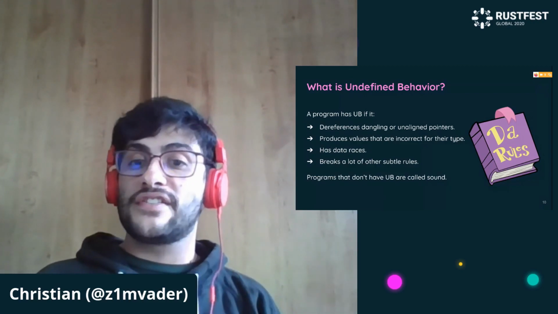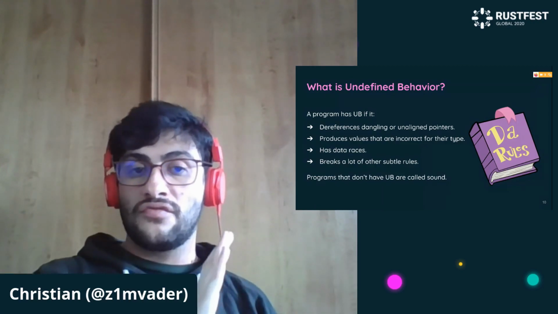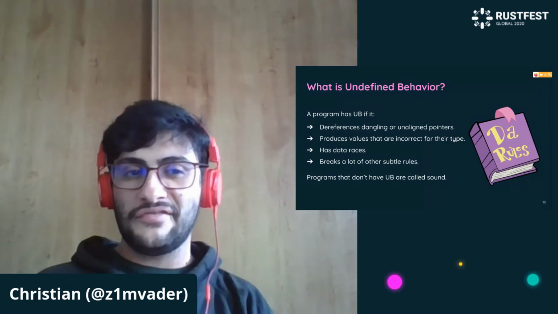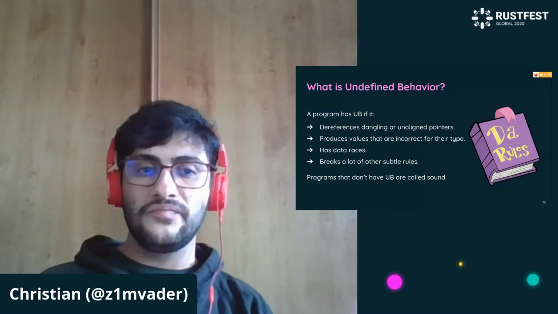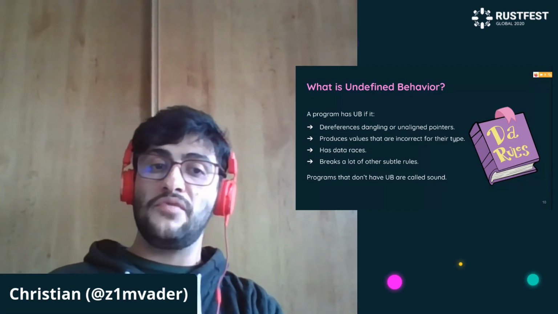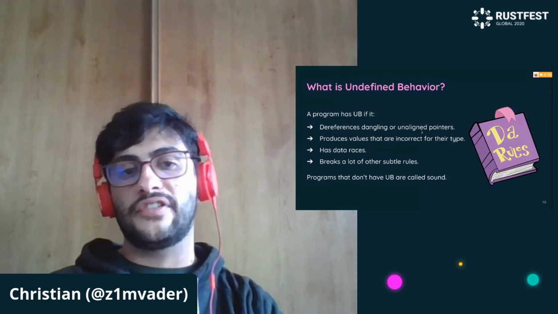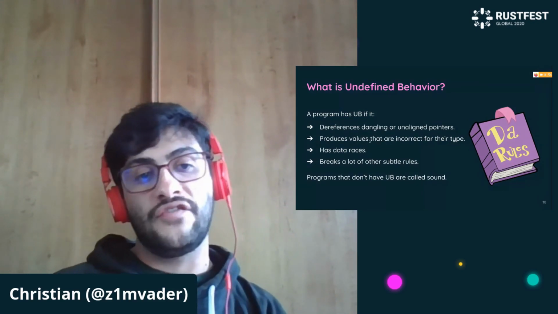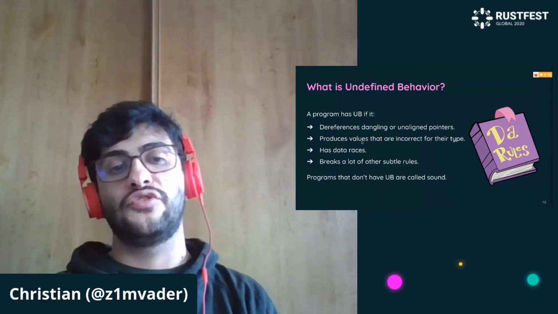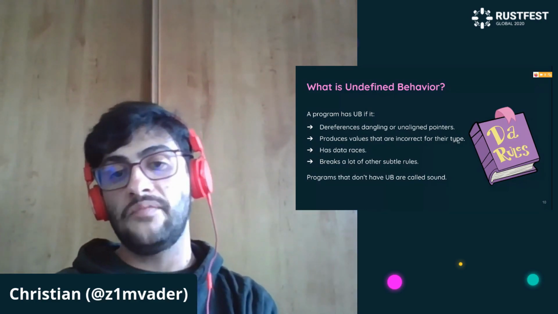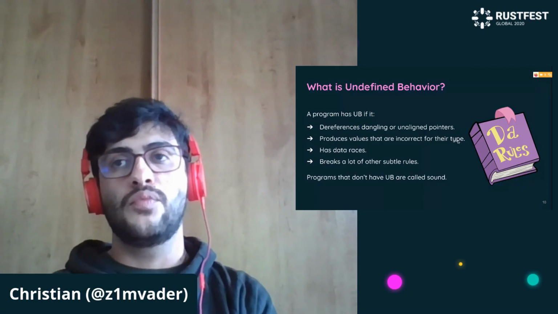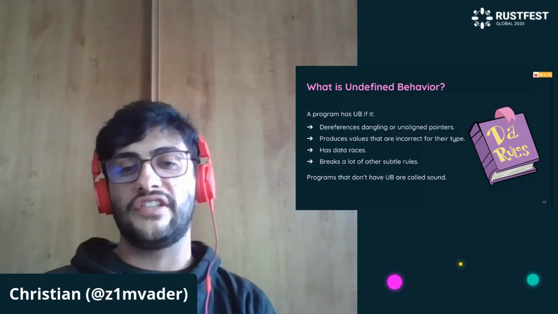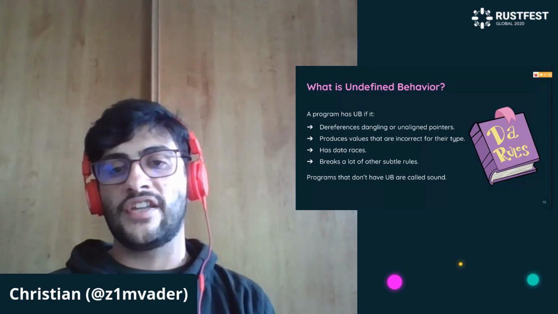The list of things that Rust considers important rules when dealing with undefined behavior is a little bit tricky, so I'm just going to mention some of them. Your program might have undefined behavior if you are dereferencing a pointer that is dangling or unaligned. Also, if you manage to produce a value that is incorrect for its type. For example, Booleans are represented in memory by bytes, taking exactly 1 byte.